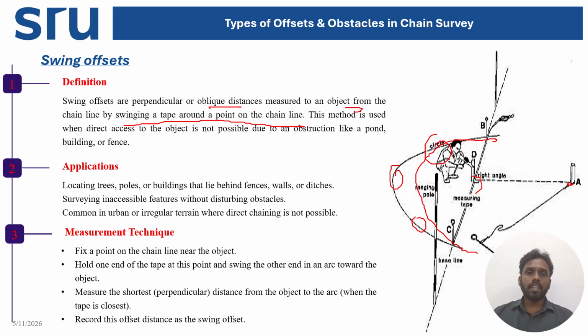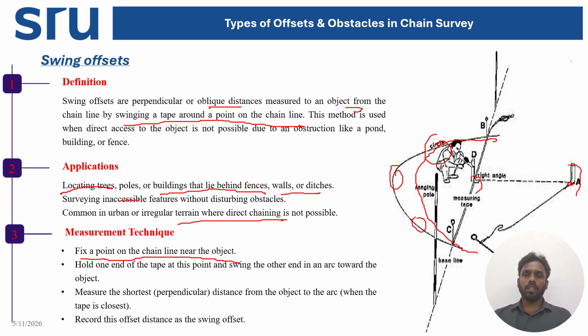Okay. So where is it applicable? In application, you can locate a tree, poles, or a building that lies behind the fence. So behind the fence, you can measure walls and ditches, survey lines. So everything can be easily measured with this. The measuring technique is nothing but you have to fix a point on a chain line or near the object. So this is your point where you are going to fix.